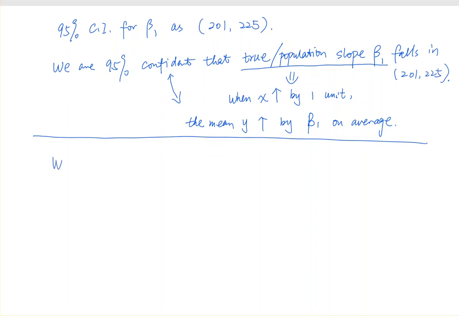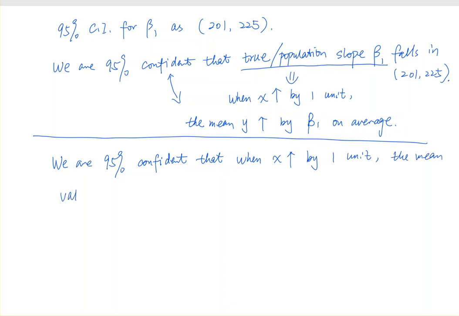So we say we are 95% confident that when x increases by 1 unit, the mean value of y will increase by 201,225 on average.